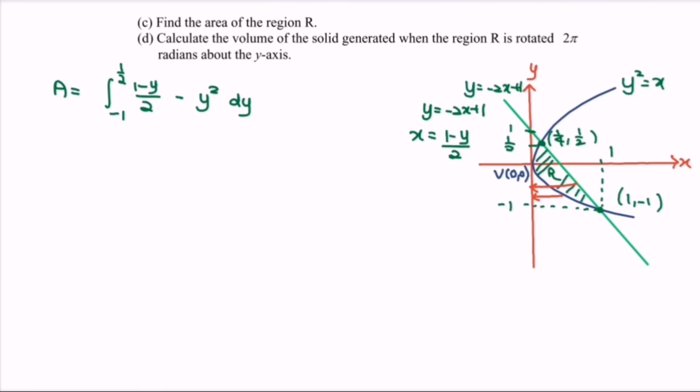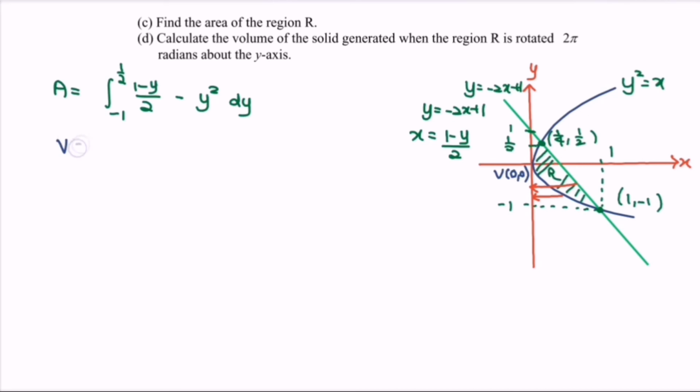D. Calculate the volume of the solid generated when the region R is rotated 2 pi radian about the y-axis. In here they mention y-axis, meaning we are going to find the volume.